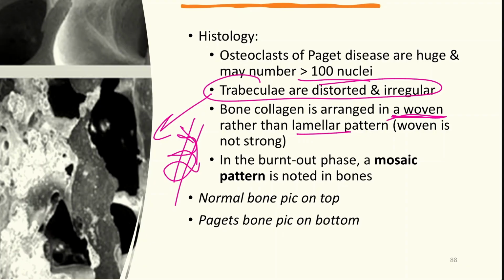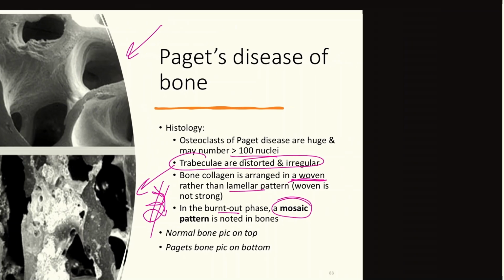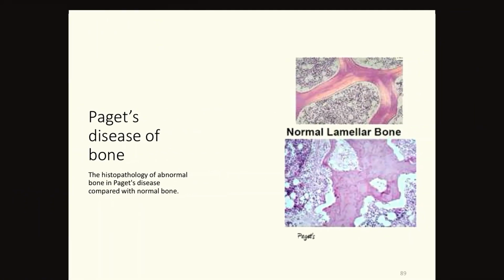In the burnt out phase, you get what's called a mosaic pattern. If you look at the top, nice and clean, everything looks really good. On the bottom, it resembles a mosaic. You know, when you make those little mosaics, all the broken tile, you put them all together. That's kind of what it looks like. And again, you can see the picture here. Nice and clean on top, and on the bottom is the disorder of Paget's disease.